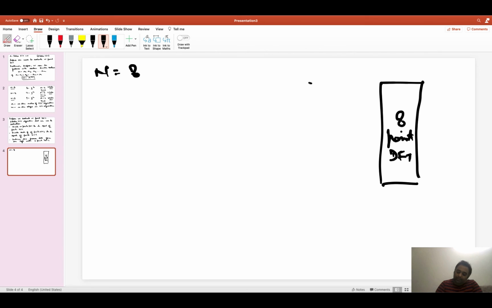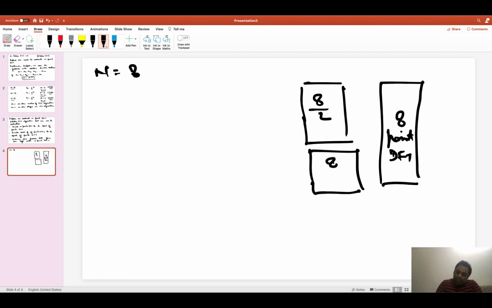So you will break this into N by 2, which means 8 by 2 point DFTs, which fundamentally means 4 points here and 4 points here.